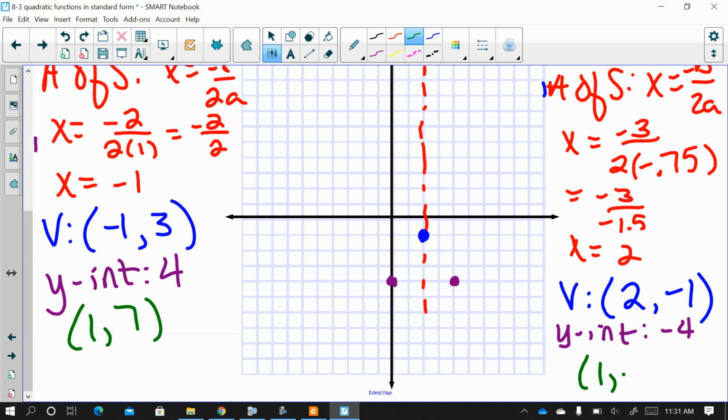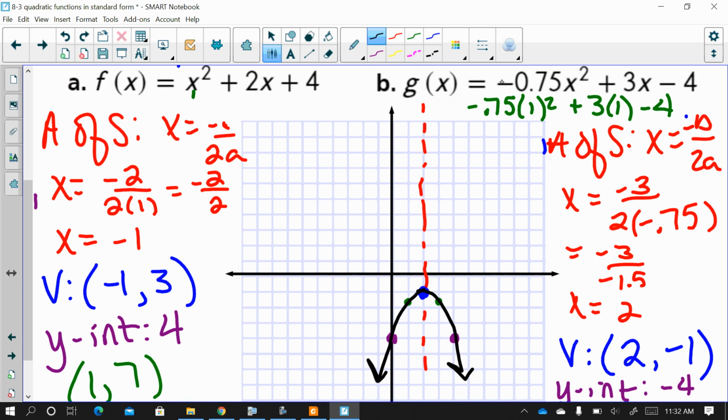Okay, so I have the point 1, negative 1.75. So 1, negative 1.75 is about right here. Okay, and just reflect and connect your dots. And there's our parabola. Again, notice A is negative, so my parabola opens down.